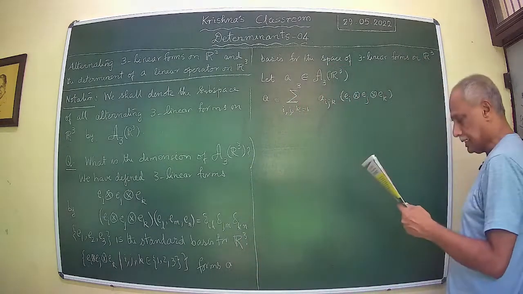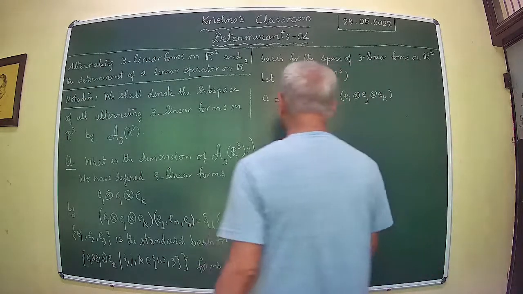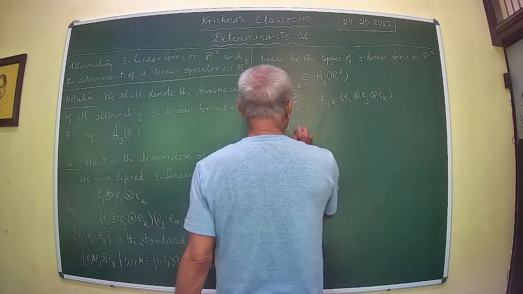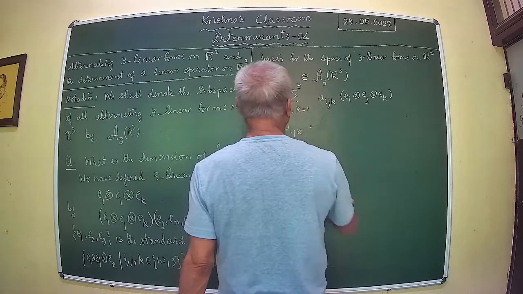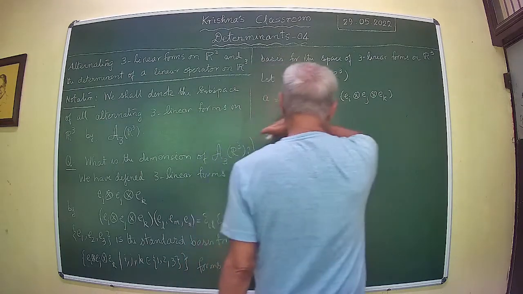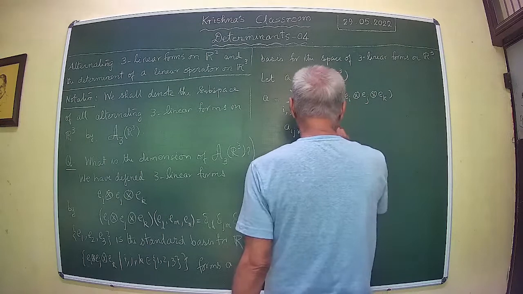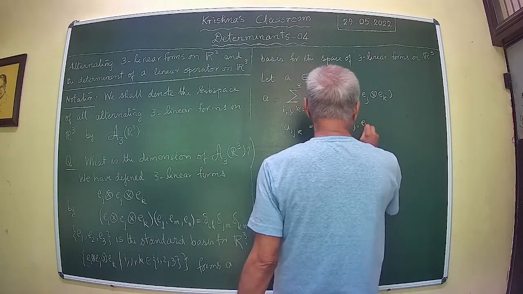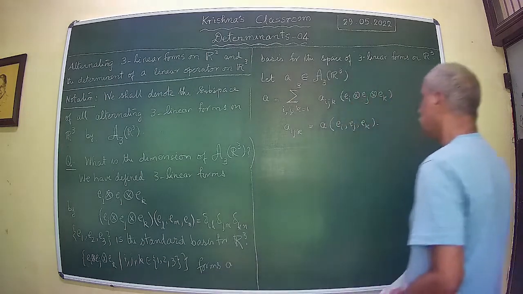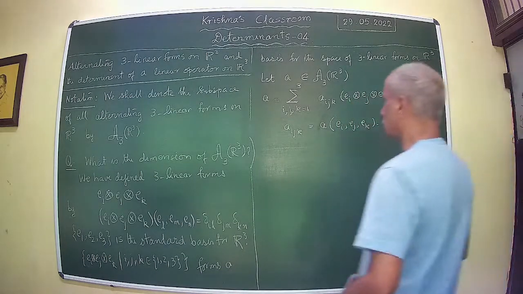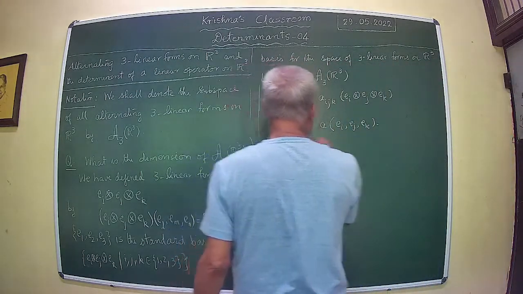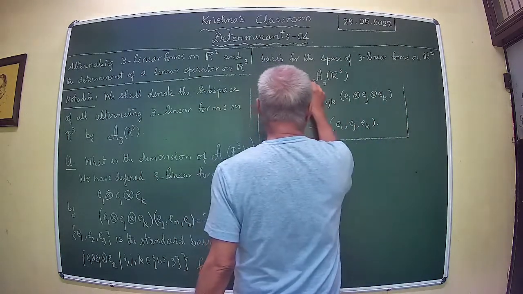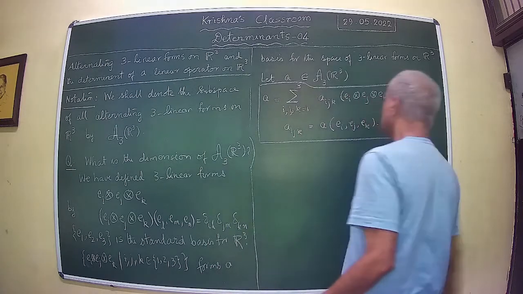Now you can easily see that aijk is equal to A evaluated at Ei, Ej, Ek. Therefore, you have this representation already available. This is a unique representation for A.